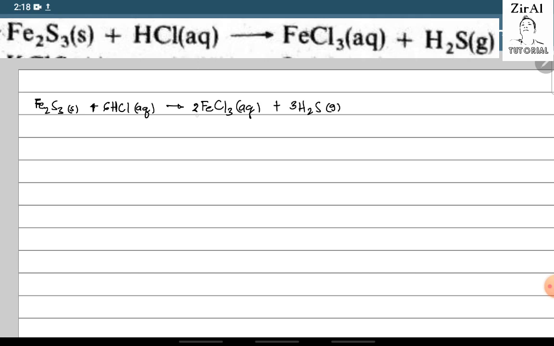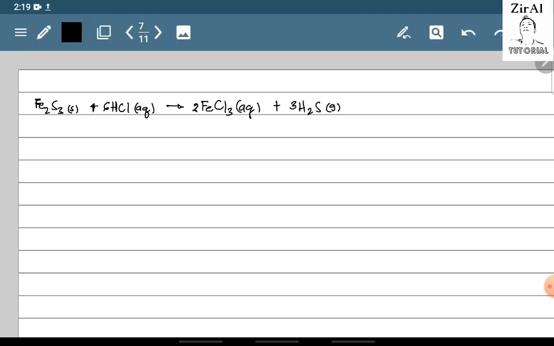When you see a coefficient in a chemical formula, it is carried over to the whole formula. Meaning that 2 is multiplied to Fe, and that 2 is multiplied with the chlorine atom. So that must be 6 for the chlorine atom. Likewise, for the coefficient 6 of the HCl, you have 6 chlorine. So as you can see, the equation is already balanced.